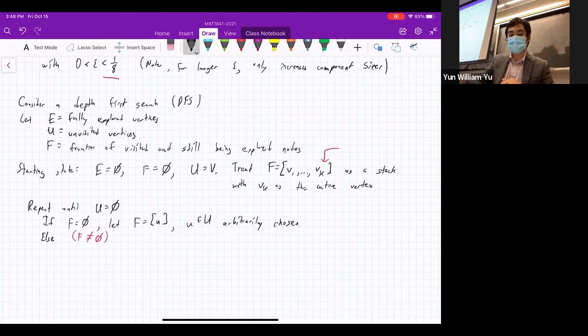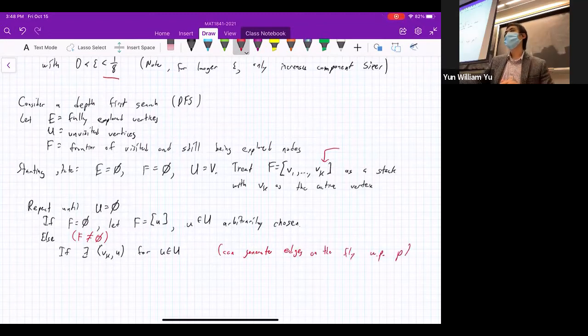And this is the case where F is not equal to the empty set. Well, then we're going to explore. So if there exists some edge (v_k, u) for u in U, and again, we can generate edges on the fly with probability p, so you don't have to have pre-generated your graph. You can just look at each new hop as something that you do with probability p.